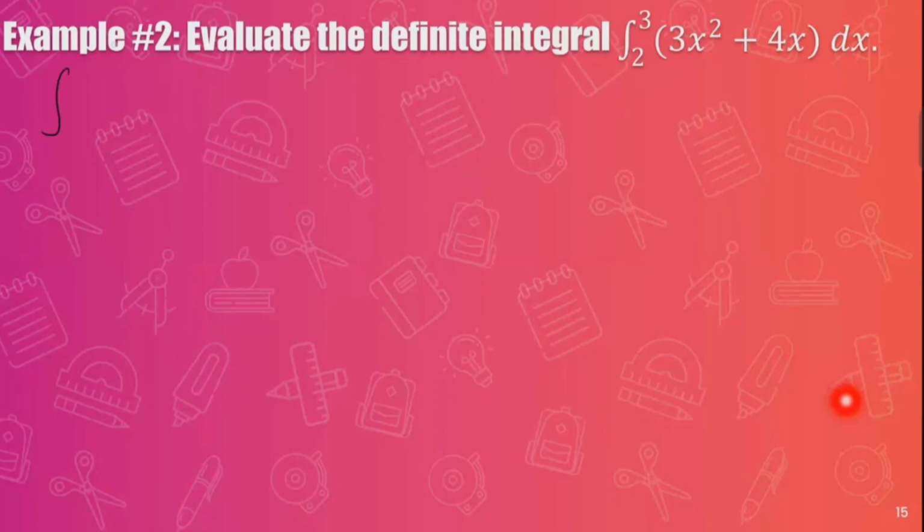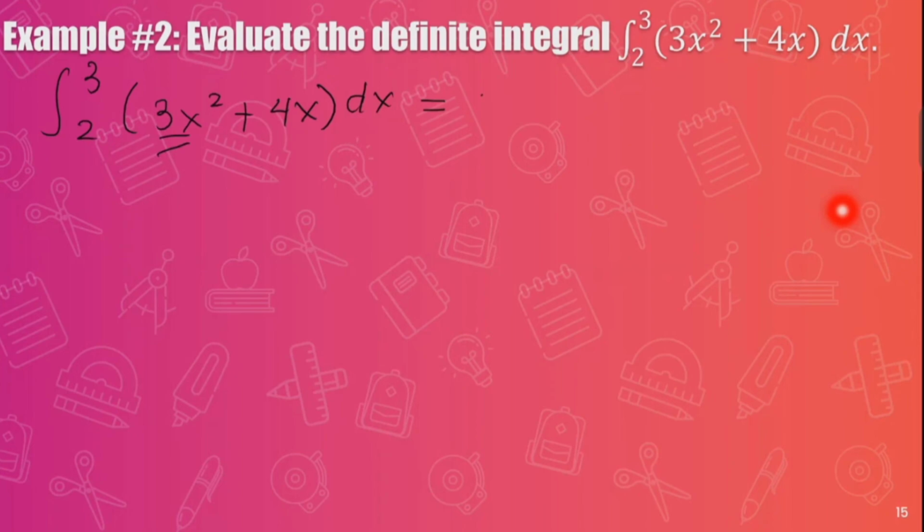Sulat muna natin yung function. So we have 3x squared plus 4x dx. So 'di ba every time na nagso-solve tayo ng function, hinihiwalay natin, right? Naghihiwalay po tayo. So unahin natin si 3x.